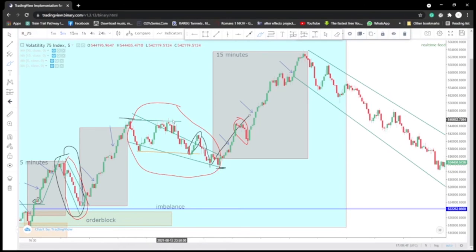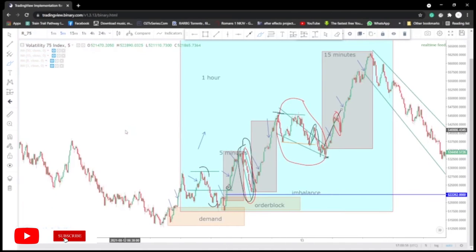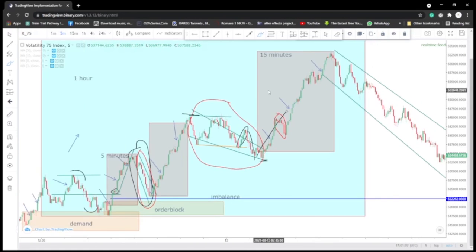So guys, this is how it works. You need to sit and look at your charts, look at price, how it goes. The algorithm, guys, the person who created this algorithm is so clever. He's a genius. He's more than being clever.